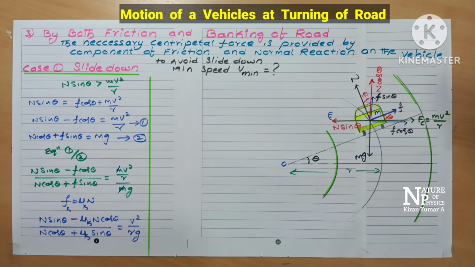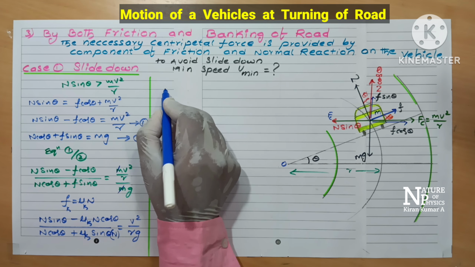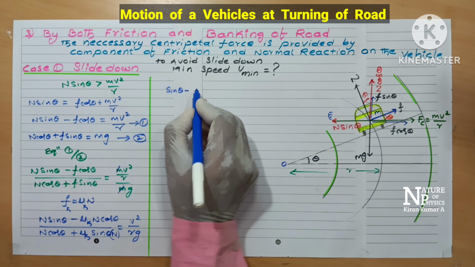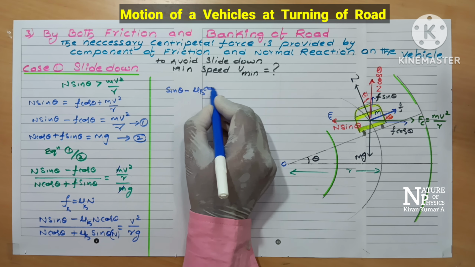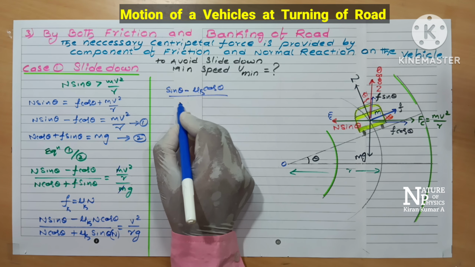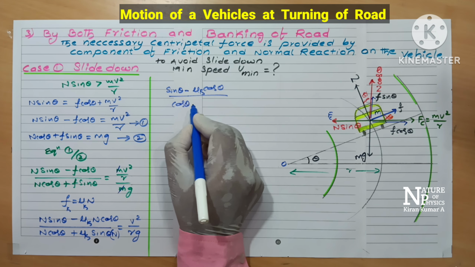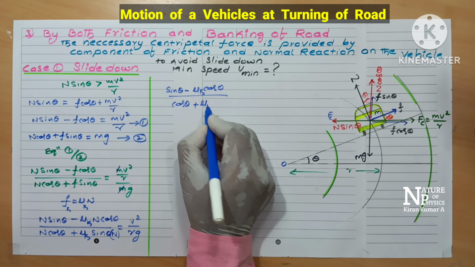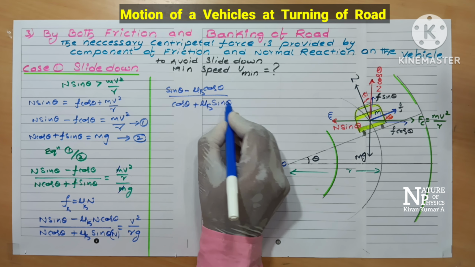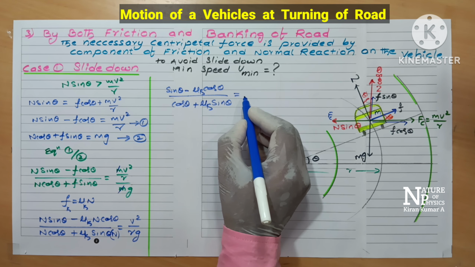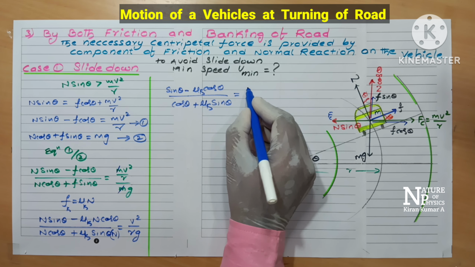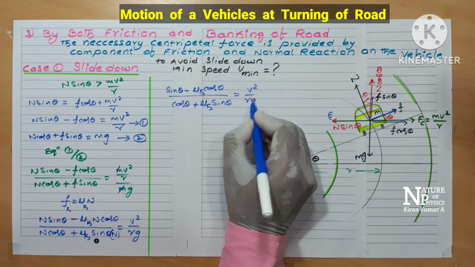Here N is common in the numerator and denominator and cancels. Continuing, sin theta minus mu k cos theta divided by cos theta plus mu k sin theta, since the normal reaction is common in numerator and denominator and cancels, equals v square divided by r g.